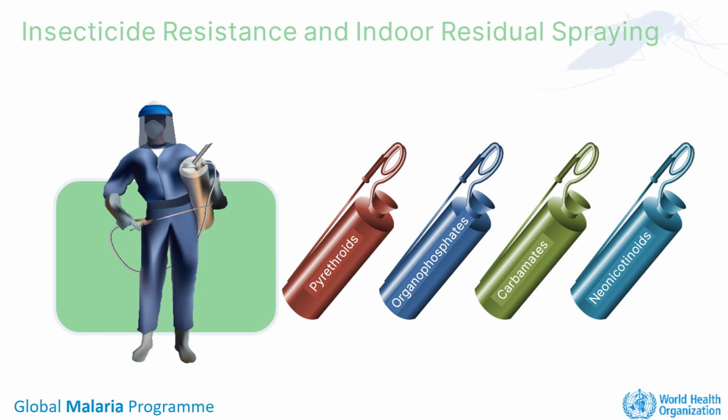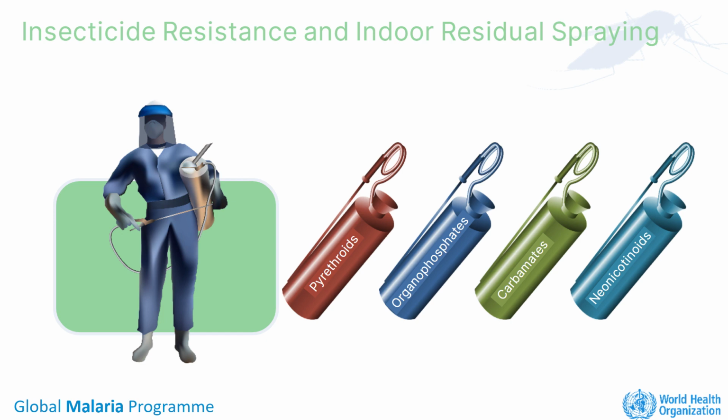In particular, this means that countries should avoid using IRS with pyrethroids in areas where pyrethroid ITNs are deployed. In a few slides, we will talk more about if and when countries might choose to deploy ITNs and IRS at the same time. However, the most important issue is to never deploy two vector control approaches that contain the same class of insecticide at the same time and place.